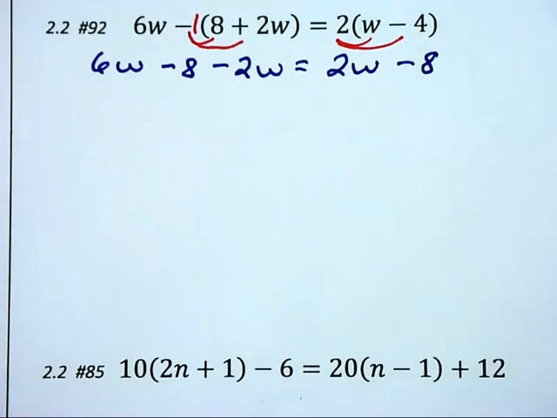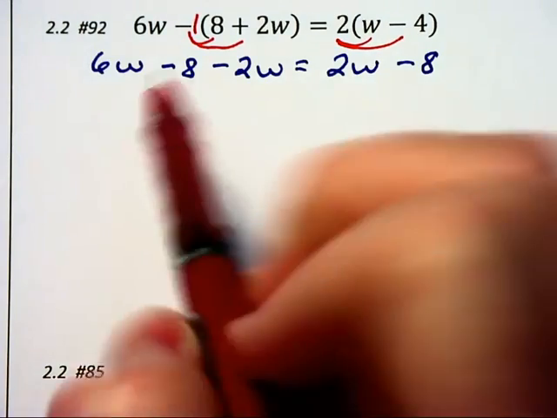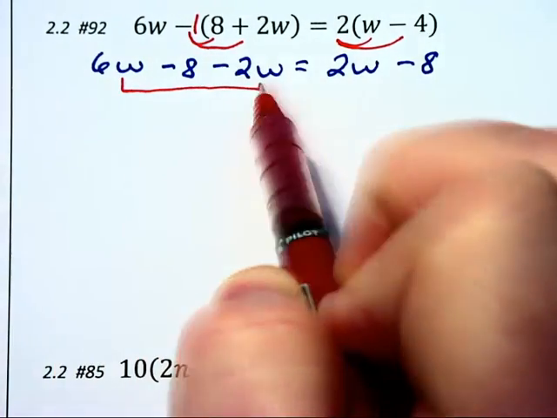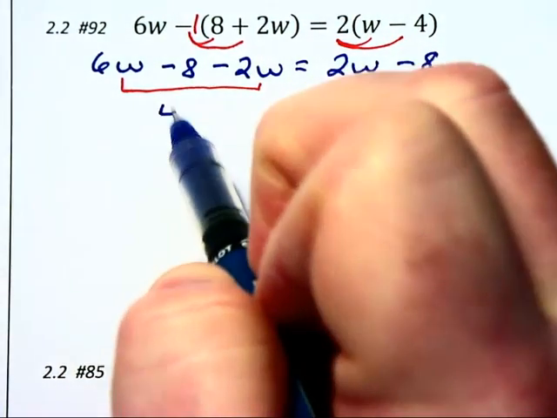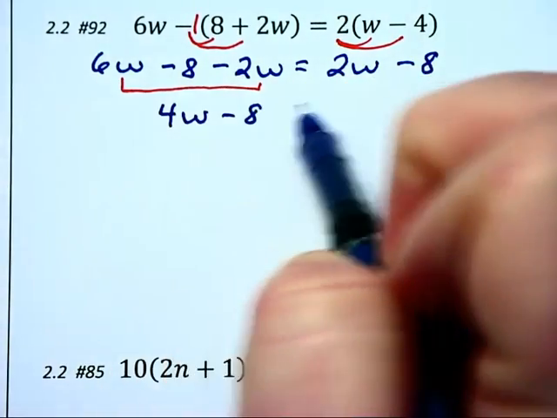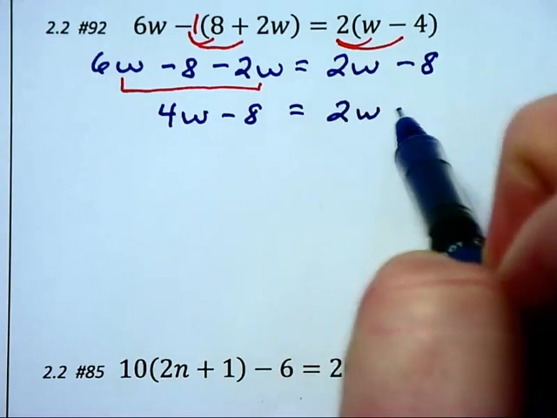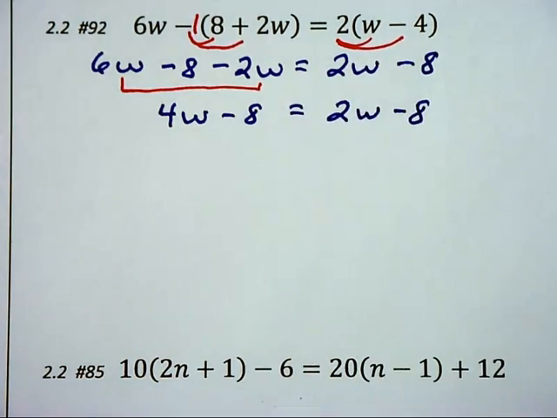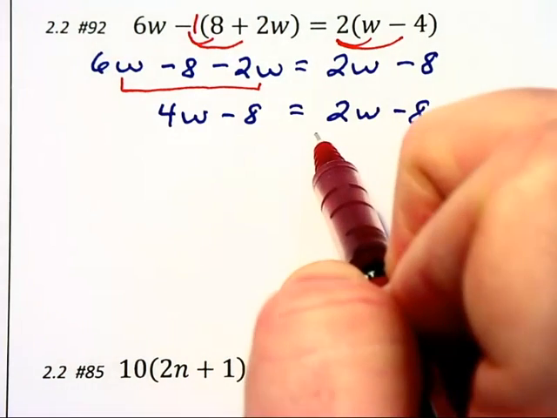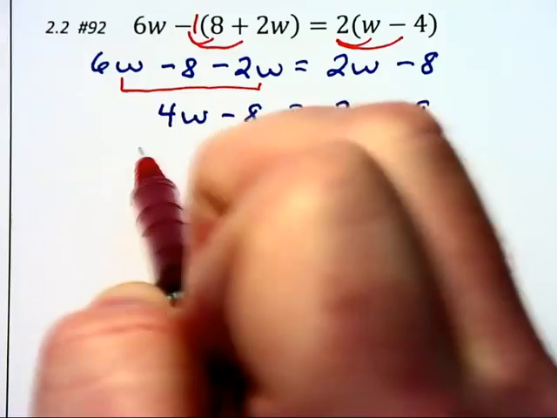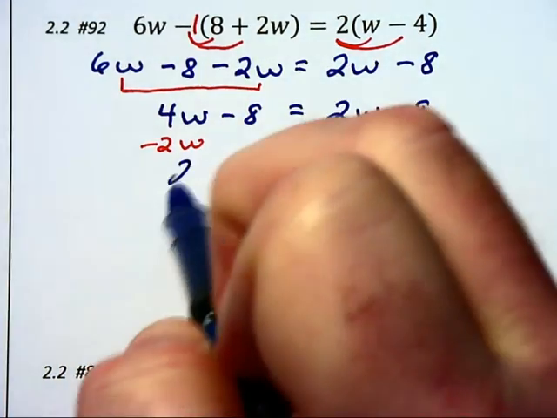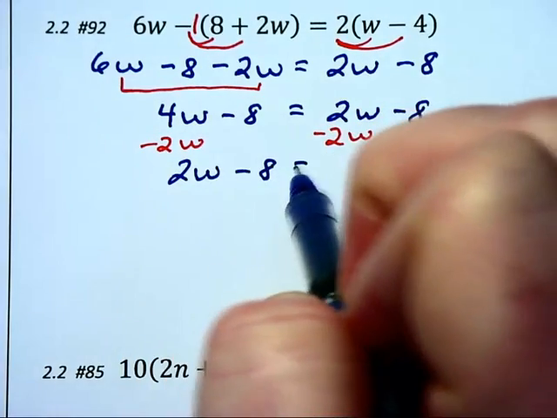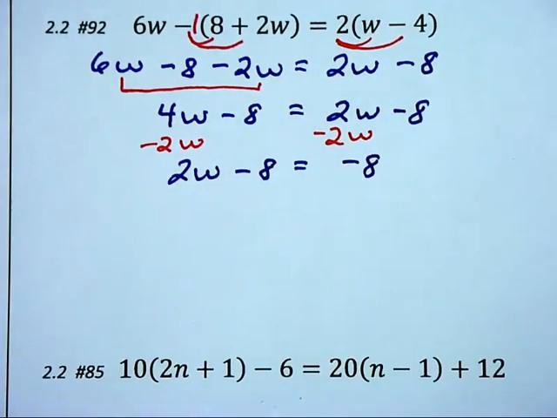Now we want to combine like terms on each side, and on the left we can combine the terms with W in them. And that will give us 4W minus 8 is equal to 2W minus 8. At this point, we usually want to get all the variables to the same side, and so subtracting 2W on each side will meet that objective, and we will have 2W minus 8 is equal to -8.